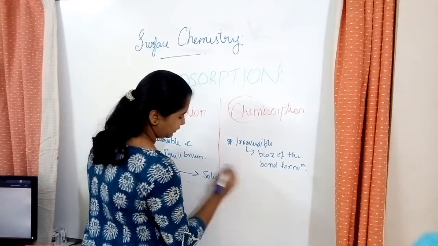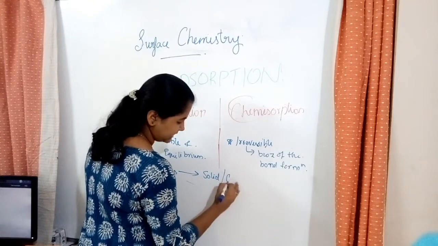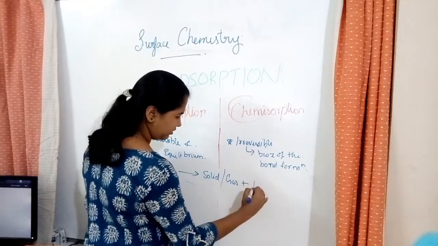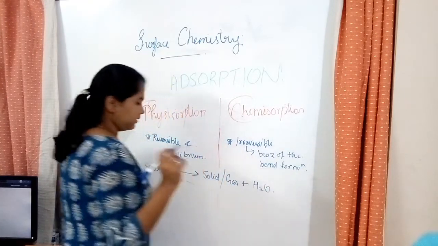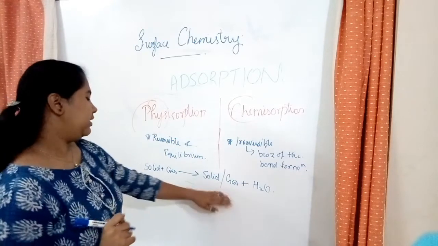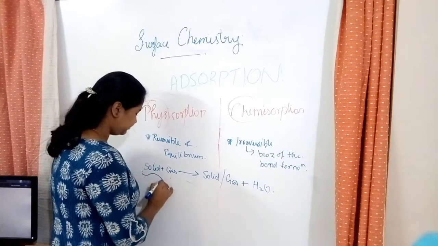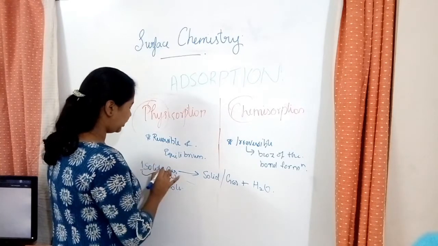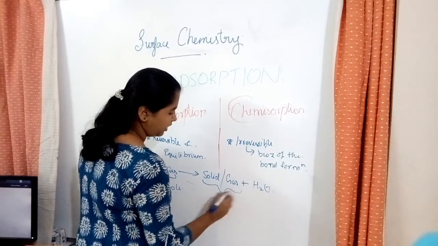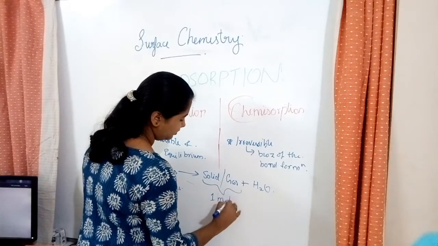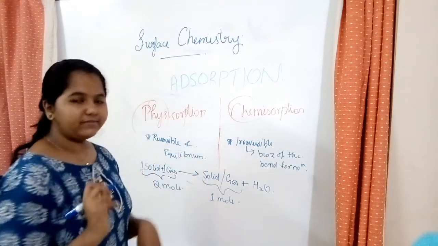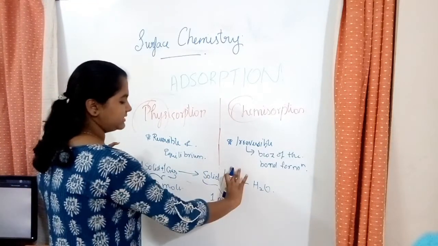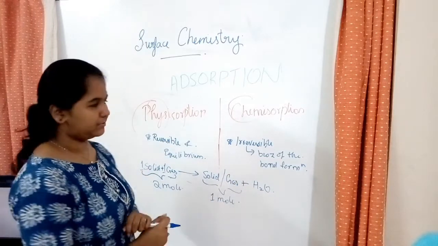Now let's extend this for the time being: solid or gas plus H2O. If this is the case, over here there are 2 moles, 1 mole of solid and 1 mole of gas. Over here we only have 1 mole. According to Le Chatelier's principle, the reaction would go from this direction to this direction, where there's a lesser number of moles.